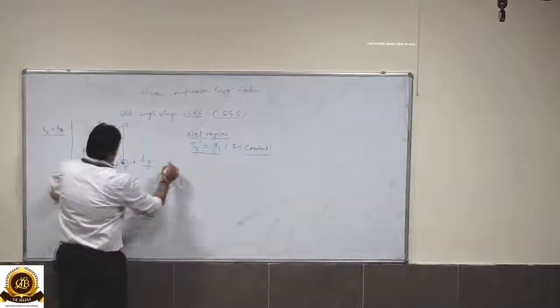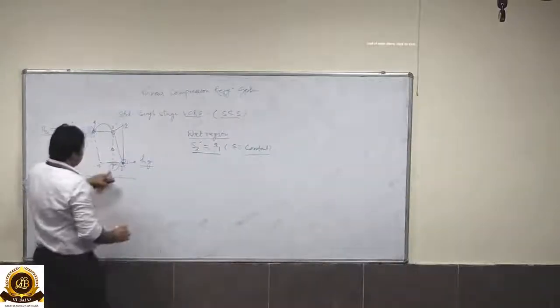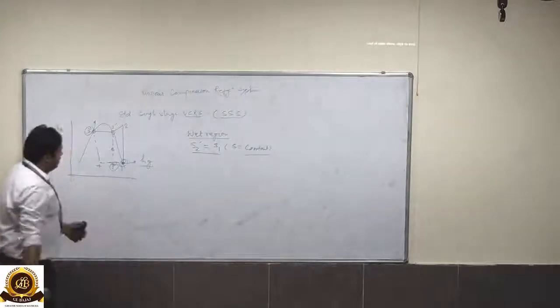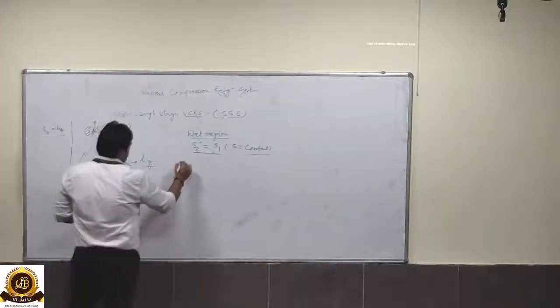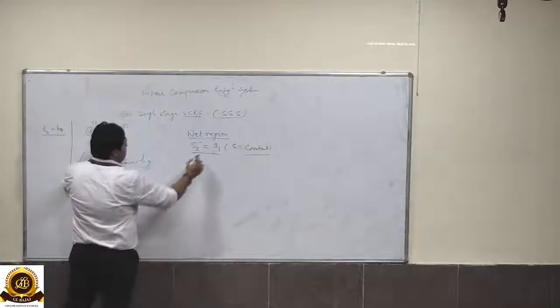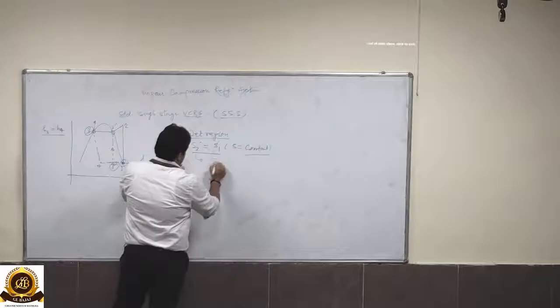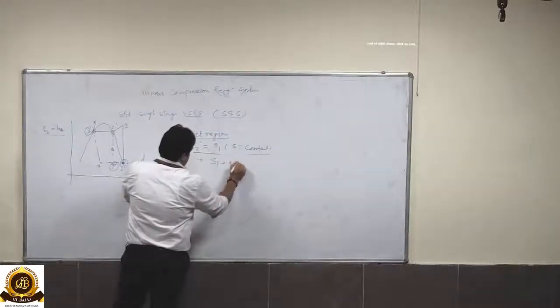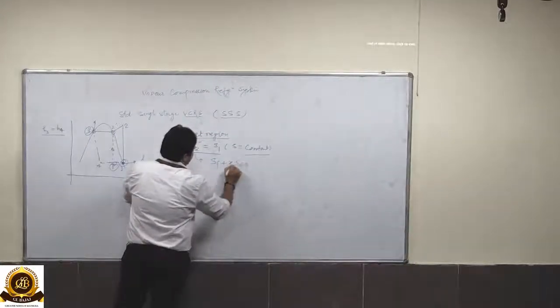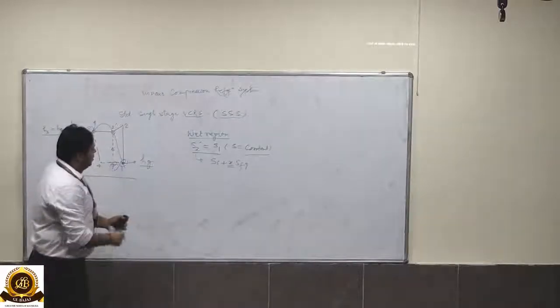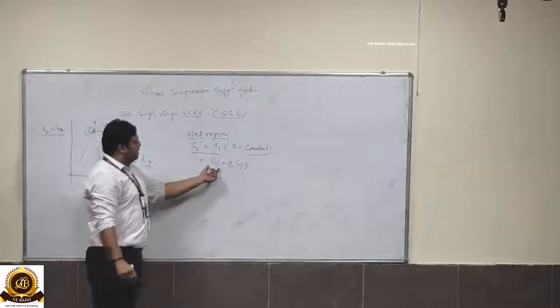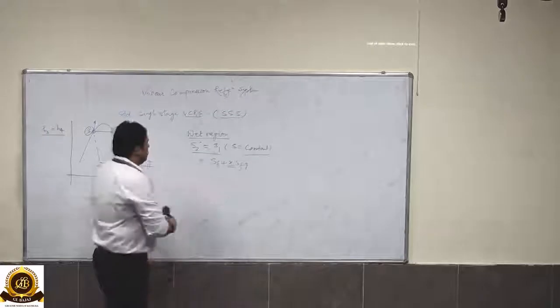Now the problem is how we will calculate the enthalpy at point 1 or 1 dash. If we equate these, we will get the dryness fraction at point 1.